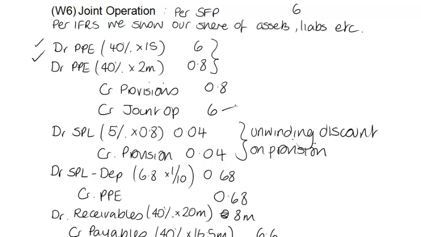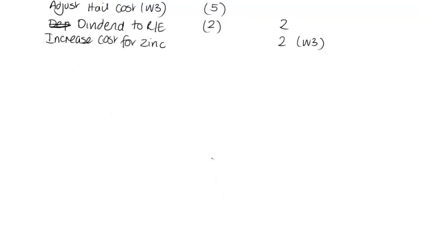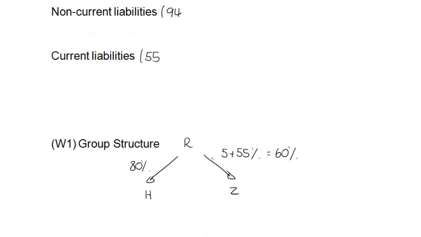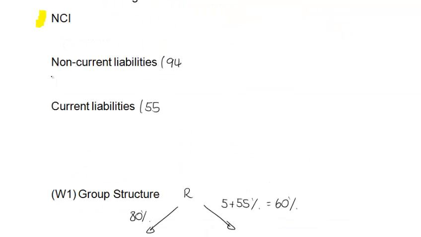I've got rid of the joint operation. For provisions, I've got 0.8 and 0.04. So I'm going to increase liabilities, non-current. So I'm going to put this in here.